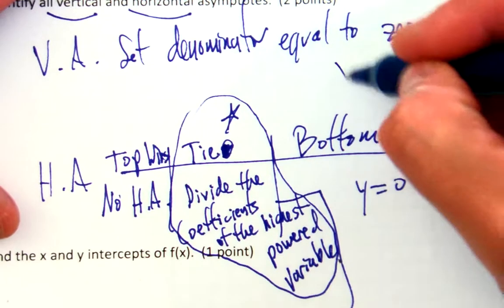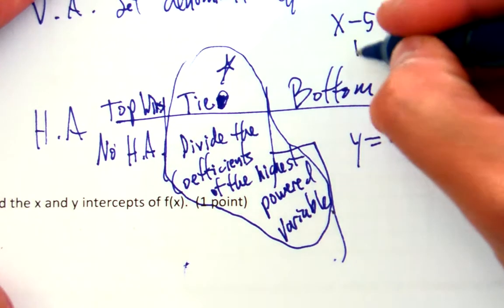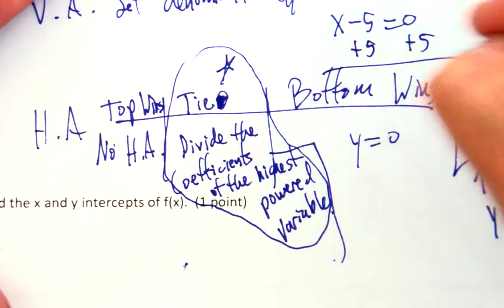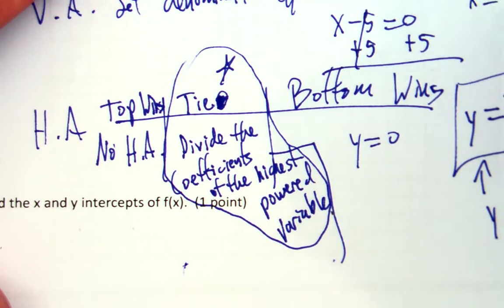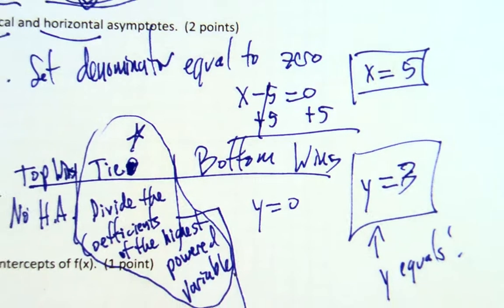So I get x minus 5 is 0. Now what? I'm going to solve for x. X is 5. There we go. Please put that in a box, and we are done with part A.